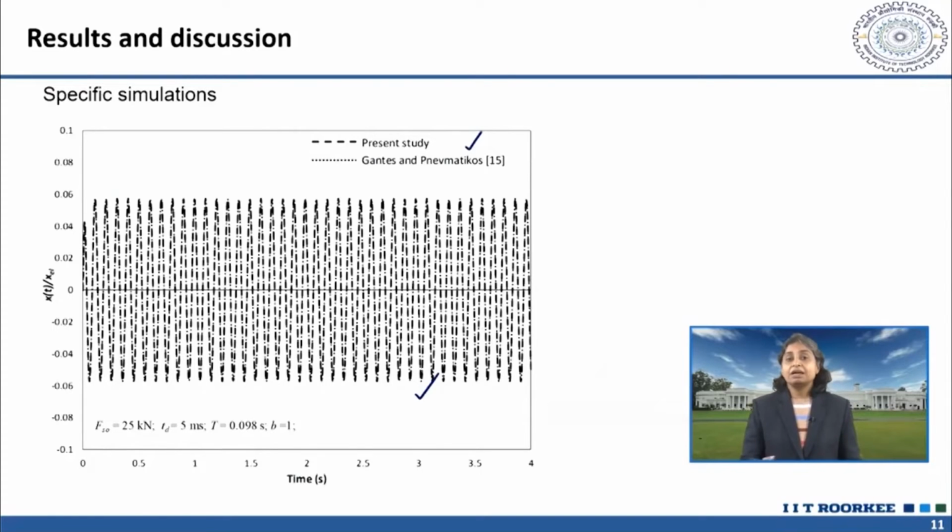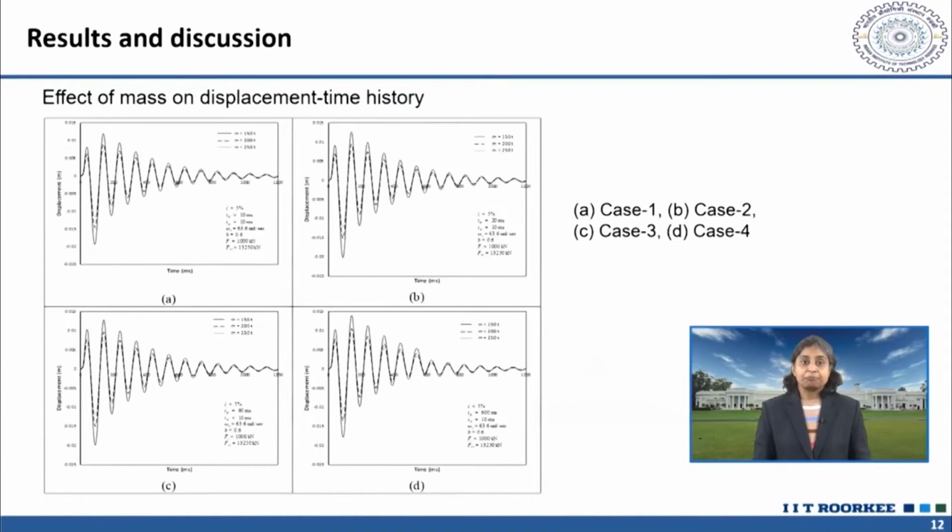After carrying out these specific simulations, we went for the detailed parametric study in order to understand the effect of various input parameters on the response of the soil foundation system, that is, on the displacement time history of the system.